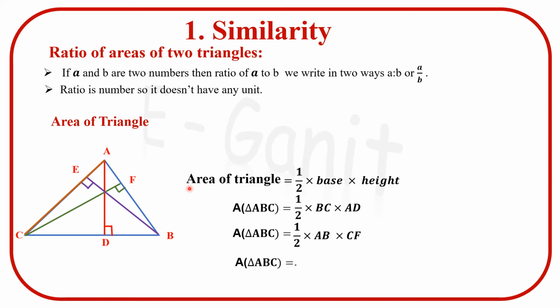So area of triangle ABC is equal to half into AC into BE. Here we observe whenever the base is changed, the corresponding height is also changed. This is an acute angle triangle. Therefore, all three heights or altitudes intersect inside the triangle. For the obtuse angle triangle and right angle triangle, we see in the next slide.